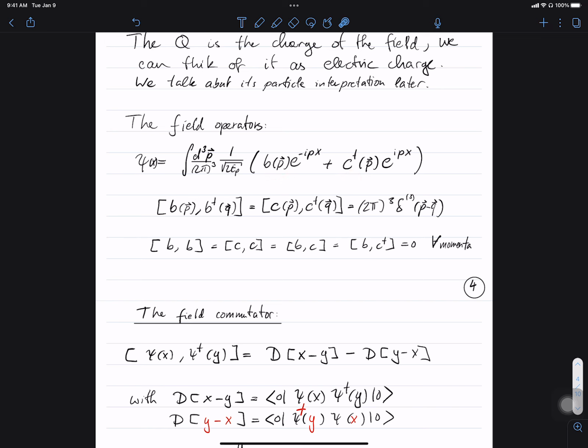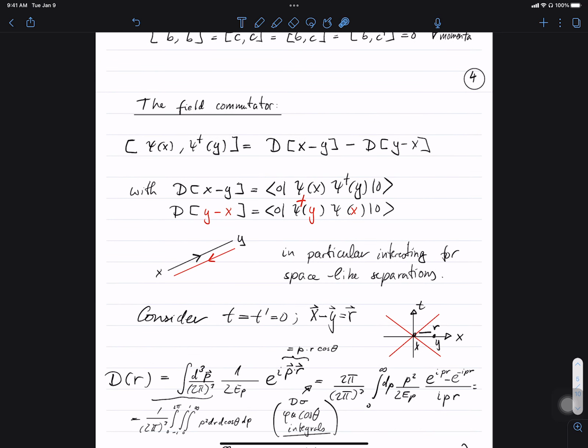And each of them in pairs have the same commutation relations as A and A dagger, only that now we have B and B dagger and C and C dagger, giving us the delta function, which is the 1 in function space. And the B's and C's, B and C, or B and C dagger, they all commute. So their commutators are all equal to 0 for all momenta.